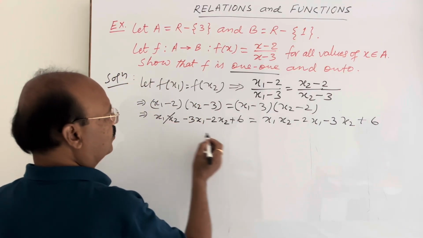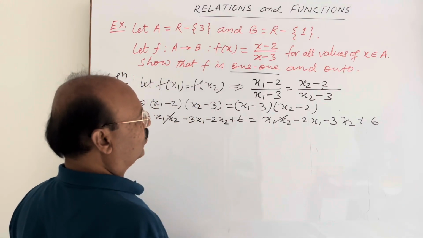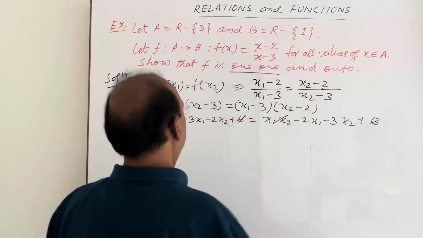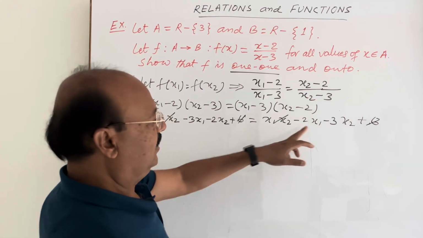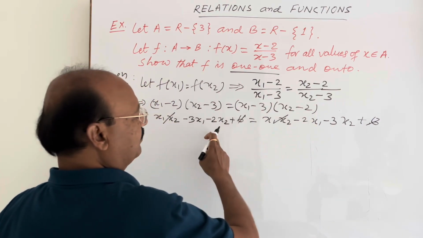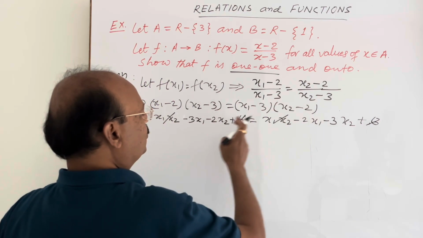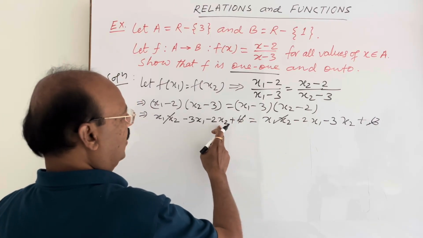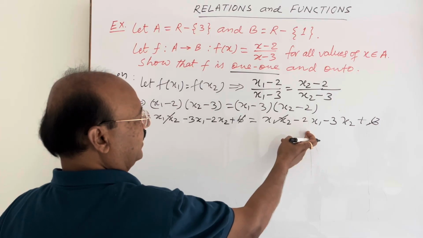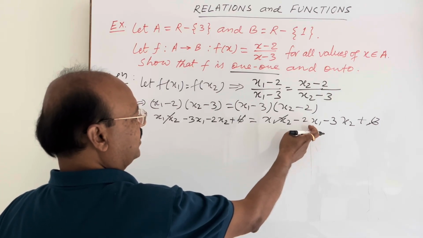Here x1 x2 will be cancelled out from both sides. Here 6 will be cancelled out from both sides. By solving it, if minus 3x2 is transposed to the left side, then 3x2 minus 2x2 is x2, and minus 3x1 is transposed to the right hand side, then 3x1 minus 2x1 is x1.